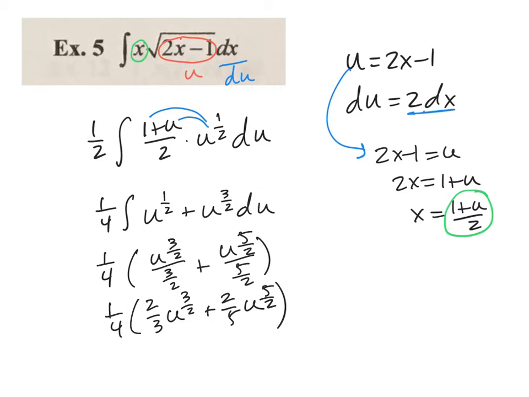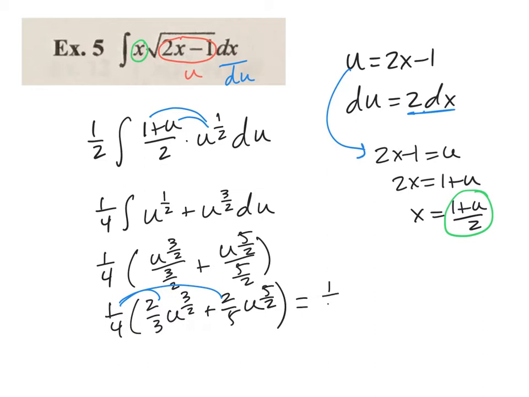All right, and so then let's do this first. Let's go ahead and distribute this 1/4. Okay, and then the last thing we'll do is our back substitution at the end. So 1/4 times 2/3, the 2's cancel, so that would give me 1/6.